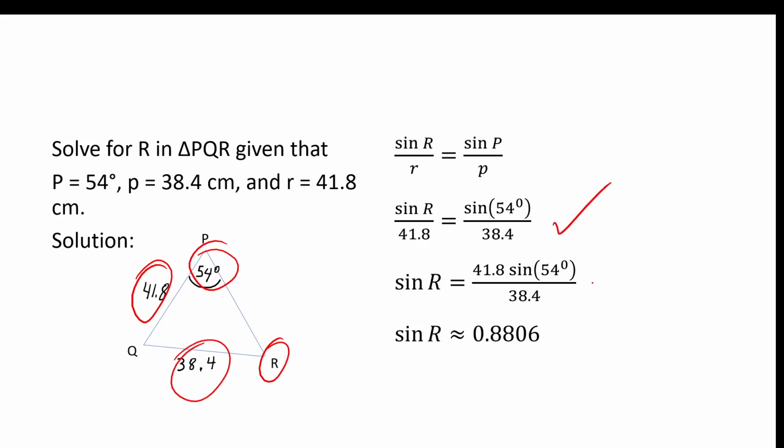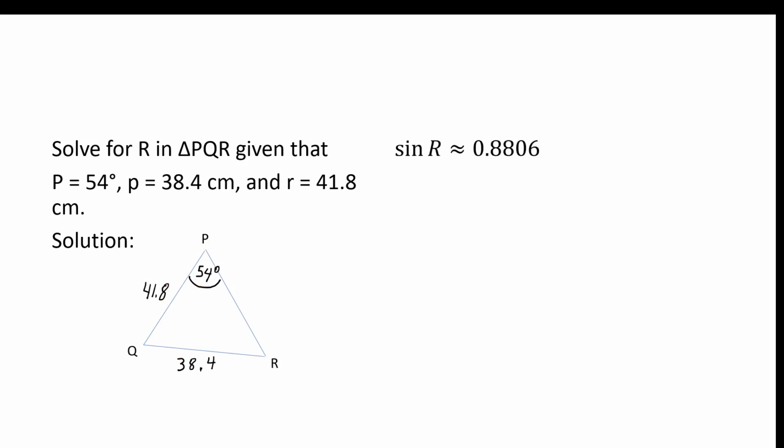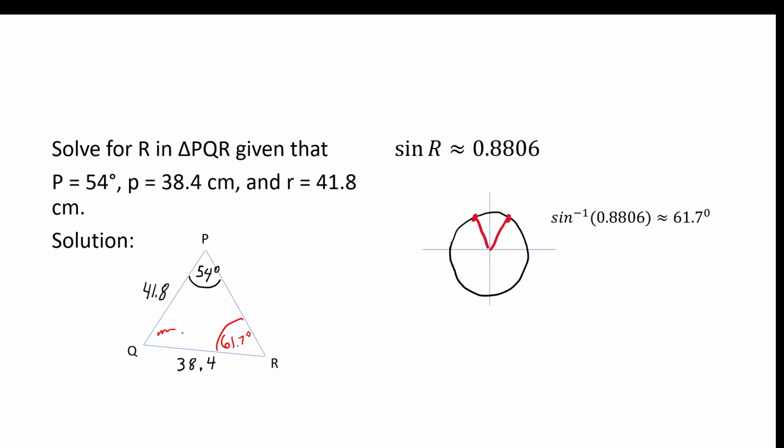Multiplying both sides by 41.8, we'll see that the sine of r roughly equals 0.8806. Now we're going to use a unit circle approach and see that r might equal roughly 61.7 degrees. And again, it's pretty easy to see a 61.7 degree angle there is totally appropriate looking, leaving us with degrees left over for that third angle q.